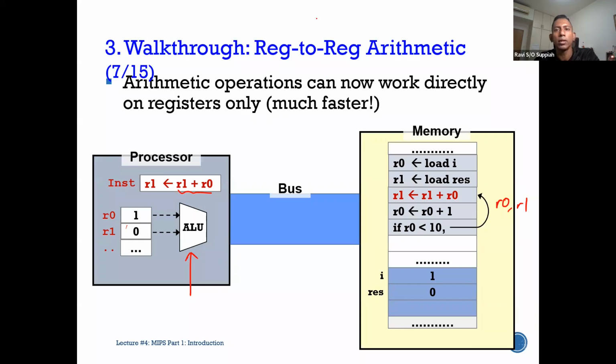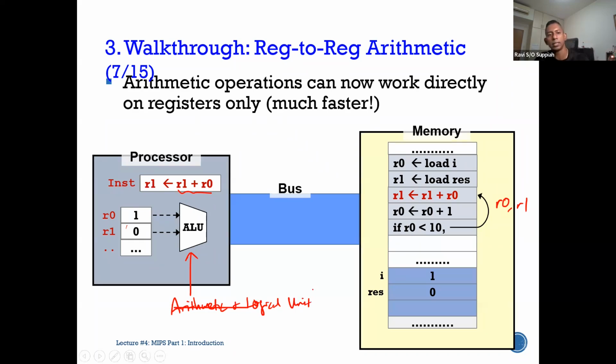Does anybody know what ALU stands for? ALU stands for arithmetic and logical unit. This ALU is a part of every processor.